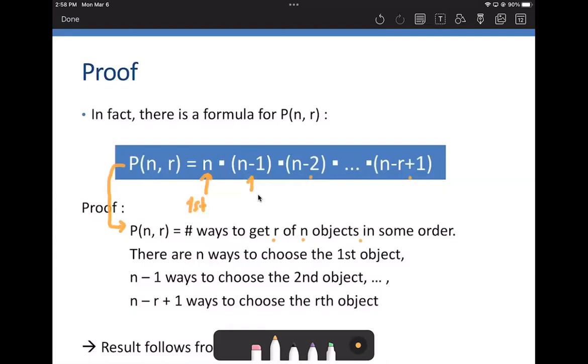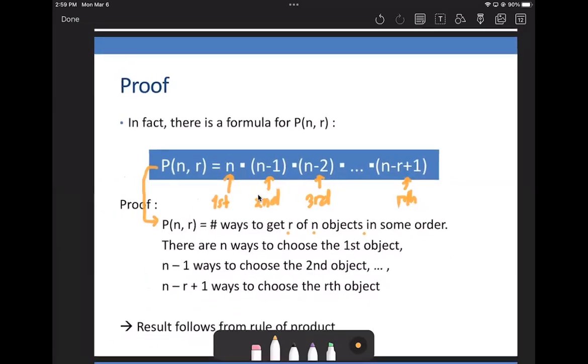The N minus 1 is the number of ways to choose the second object, and the N minus 2 is the number of ways on how we can select the third object, and N minus R plus 1 is the number of ways on how we can select the Rth object.